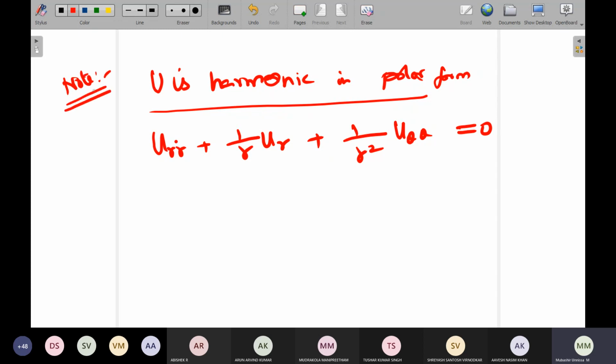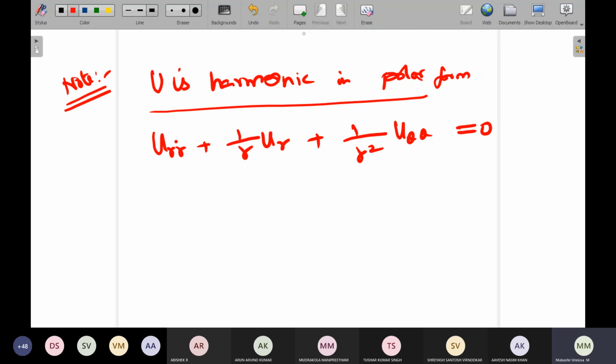Write this down as a note, an important point. Okay, let me give one problem. You are going to check it. Check whether the given function is harmonic.